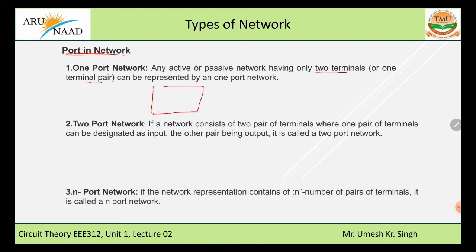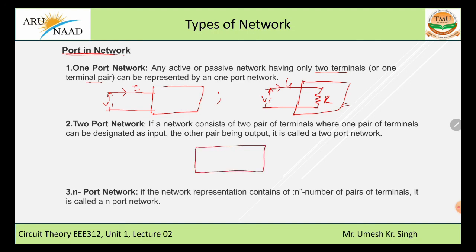This is a network in which the current is I1 and the voltage is V1, then this network is known as a one port. For a better view, we can look at what is in the network. If this type of network has resistance R with I1 and V1, then this network is a one port network.